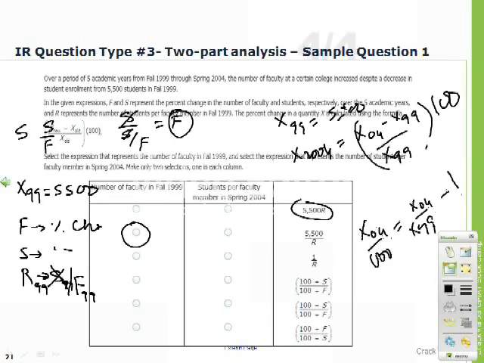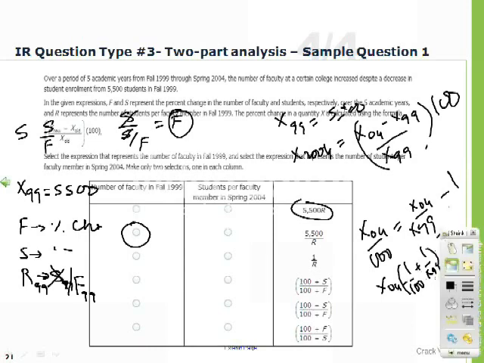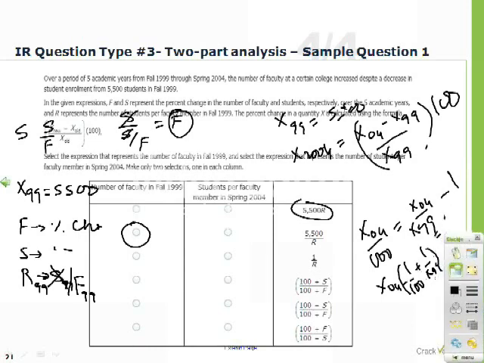X04 times 1 by 100 minus 1 by X99 is equal to 1.